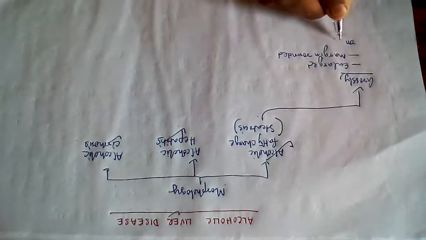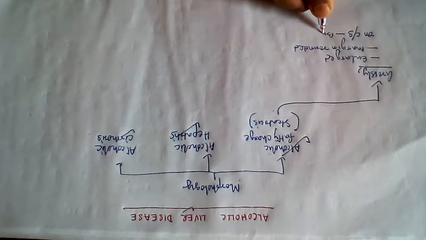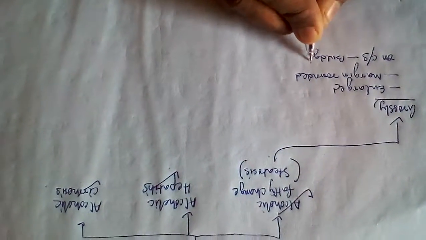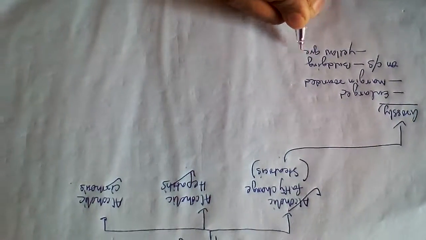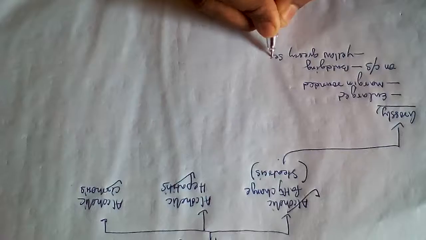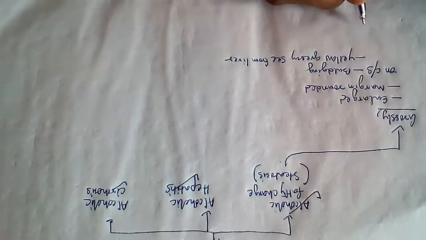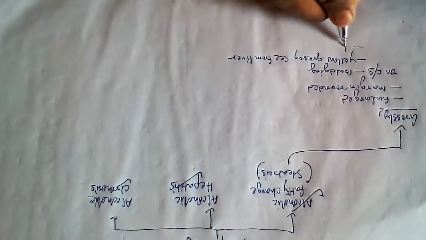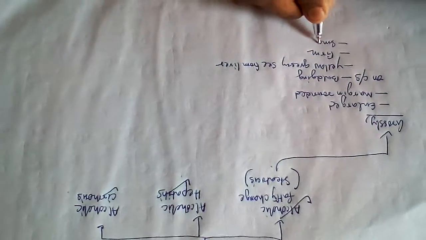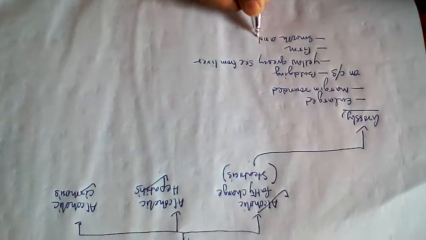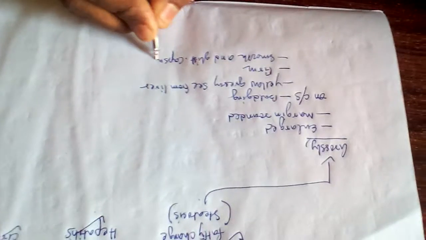The margins are originally sharp, they get rounded, and on cut section there will be yellow greasy secretions from the liver, and the liver is firm with a smooth and glistening capsule. So this is what we can see grossly in case of an alcoholic fatty change.